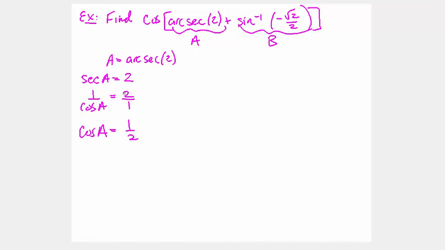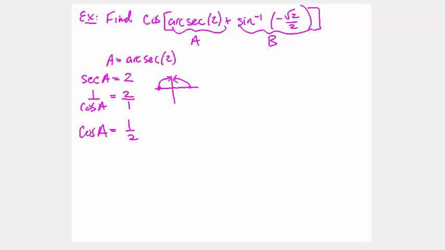Okay, now let's also rely on what we know about arcsecant. You see, the range of arcsecant is from 0 to pi over 2, but not including it, and then from pi over 2 to pi, but not including pi over 2 on either side. So it's this upper half of our unit circle, but not including pi over 2. So I left a little bit of a gap there just to remind us.